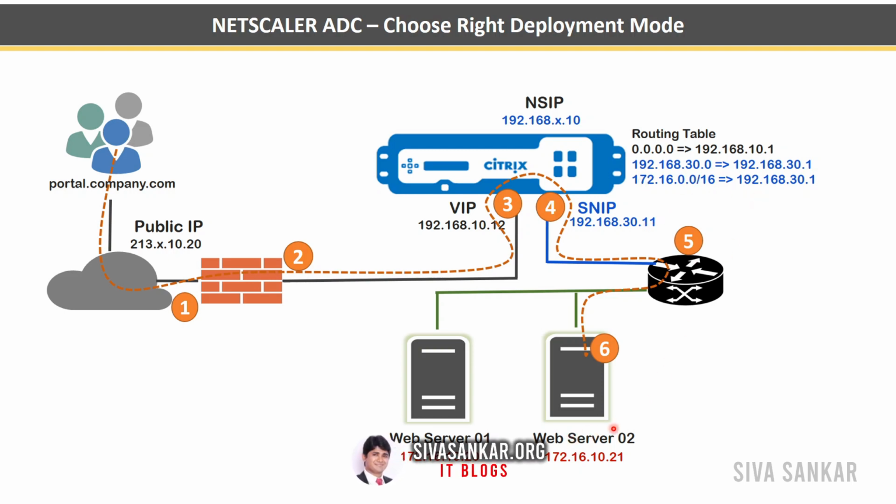Always remember, if the customer's backend servers, their production servers and everything, are in 172.16 or 10.10, create a static route and put the gateway of this production network, whatever the gateway is for this SNIP. This is very important. The moment you do that, it automatically becomes two-arm mode, because we discussed it earlier, right? And the default route, 0.0.0.0, should always go to your DMZ. Remember this rule, very important.